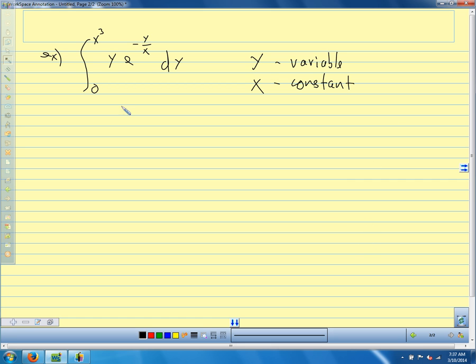All right, so we're integrating basically y e to the minus y over x. What do we need to do to integrate that? Parts. We need to use integration by parts. I'm going to let u equal y, du is dy.